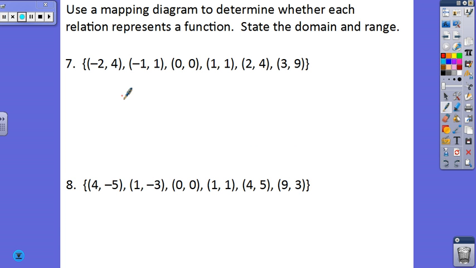Using a mapping diagram, we're just going to do one of these examples and then state the domain and range. For a mapping diagram, you actually separate it into domain and range, and you could represent this with y or f of x.